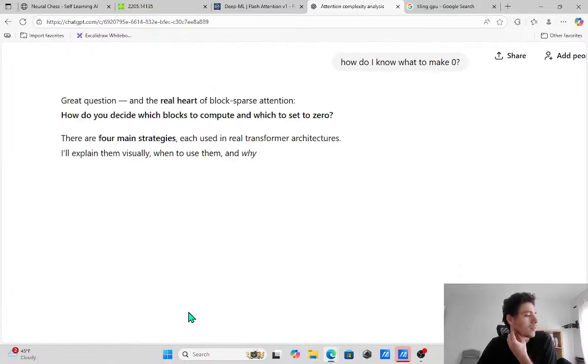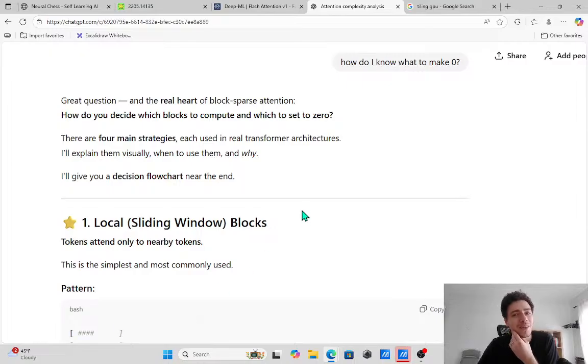Sometimes I like to give the LLM a challenge and see if it actually understands what I'm trying to say. This is pretty vague and open-ended. How do you decide which blocks to compute and which to set to 0?